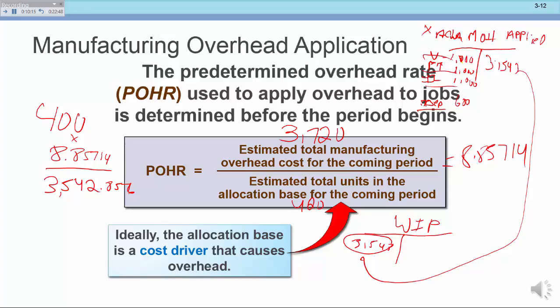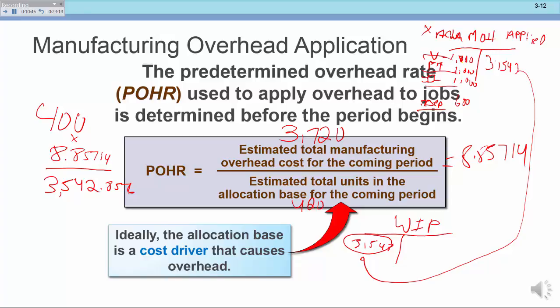Debited the WIP, work in progress, credited the manufacturing overhead applied. And so if I have the manufacturing overhead teed up here, just like I have written on the screen there, I have on the debit side now 3,600, and I have on the credit side this 3,543. Am I under or over applied?